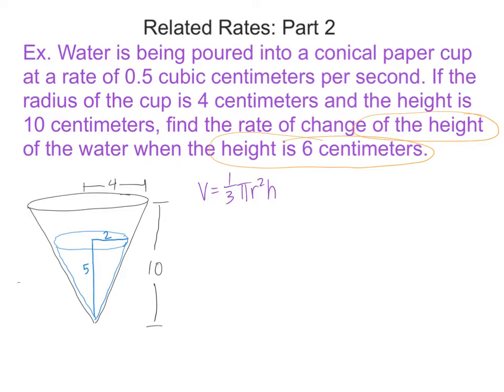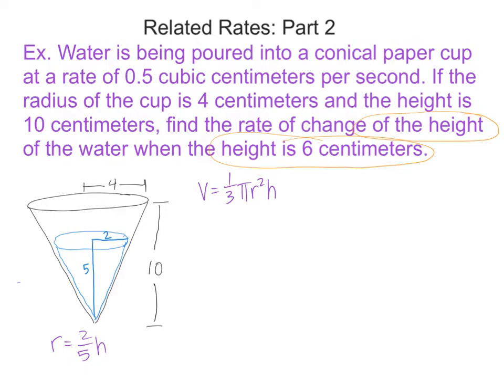So the r is what I need to get rid of. So I need to eliminate r from my equation using this little trick. The radius of this cone of water is always 2/5 of the height. Because of similar triangles, the sides are proportional, and 4 to 10 or 2 to 5, that's always a 2 to 5 ratio. So the radius is 2/5 the length of the height.